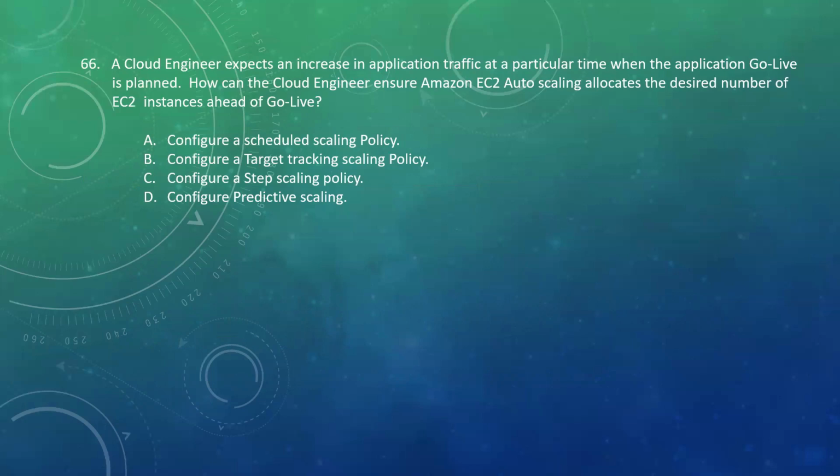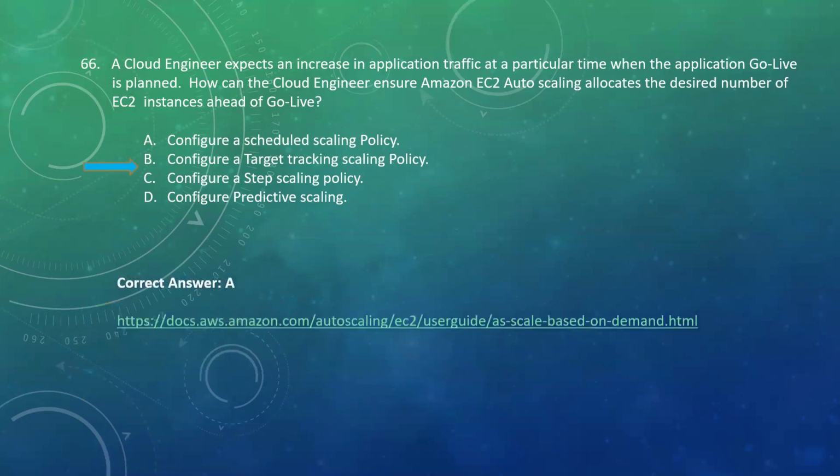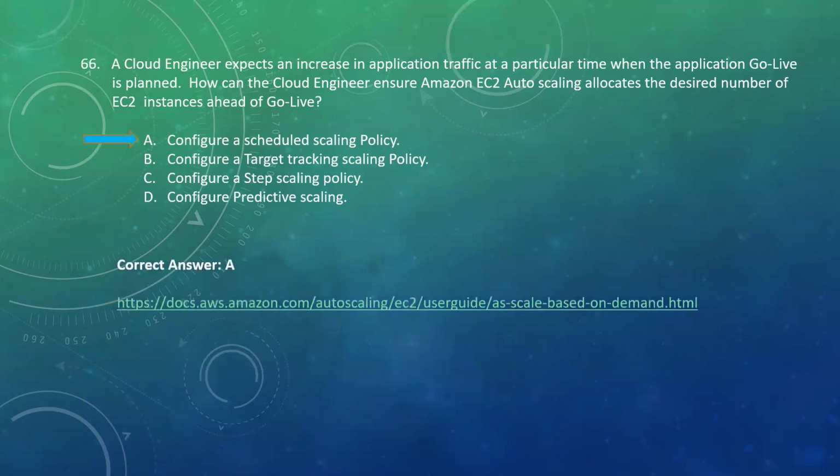Your options are: configure a scheduled scaling policy, configure a target tracking scaling policy, configure a step scaling policy, configure predictive scaling. So the right answer is option A, configure a scheduled scaling policy.